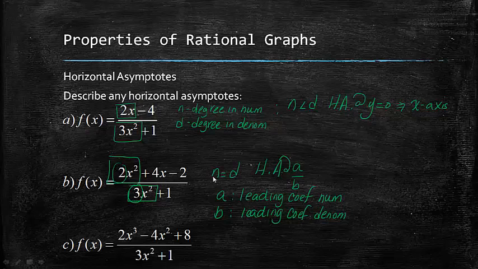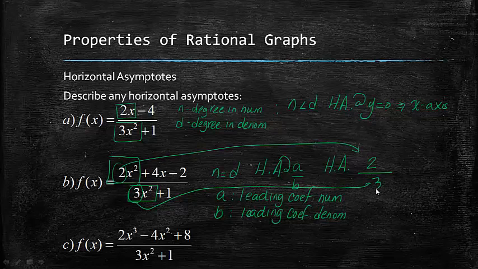And whenever I have the same degrees, the horizontal asymptote is at a over b. A over b means take the leading coefficient in the numerator, which is 2, and take the leading coefficient in the denominator, which is 3, and that's where your horizontal asymptote is at.